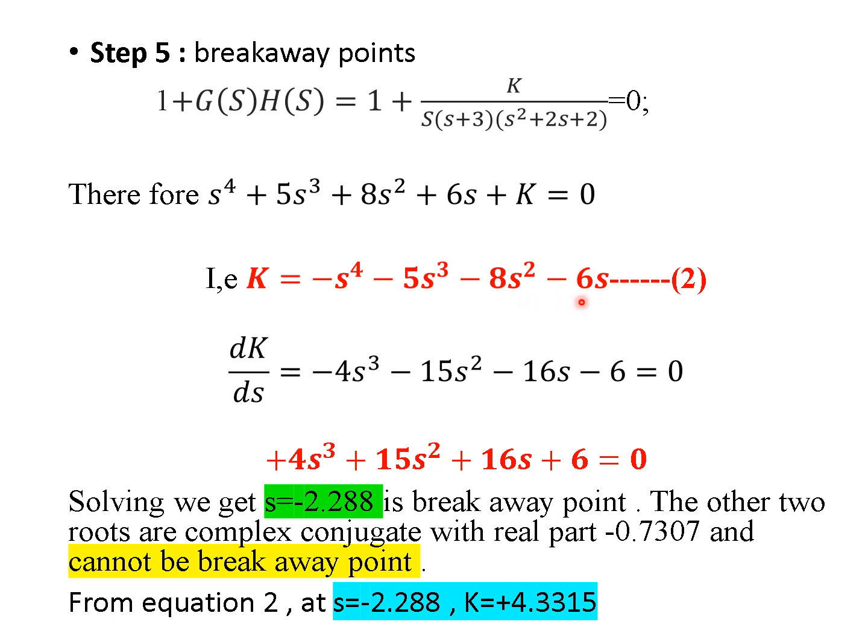Now we differentiate with respect to s. The answer we get is minus 4s cube minus 15s square minus 16s minus 6 is equal to 0. Finally, we write everything in terms of positive values, that is 4s cube plus 15s square plus 16s plus 6 is equal to 0.